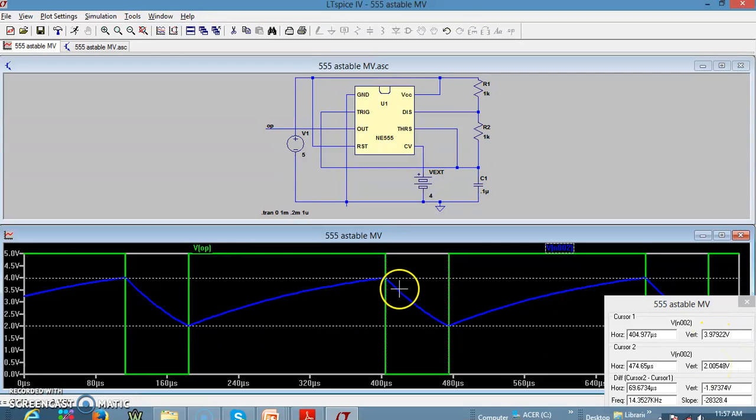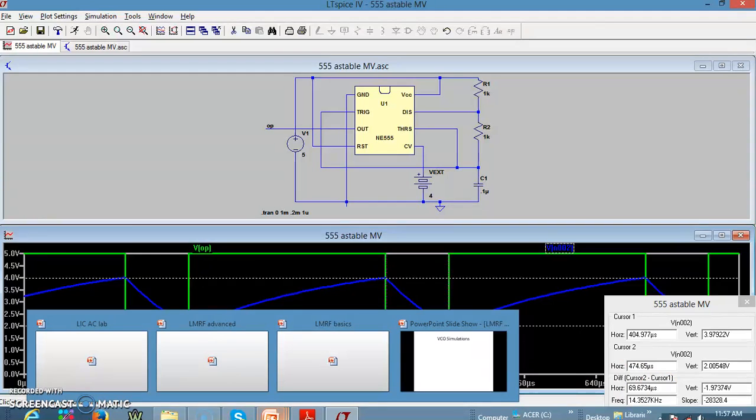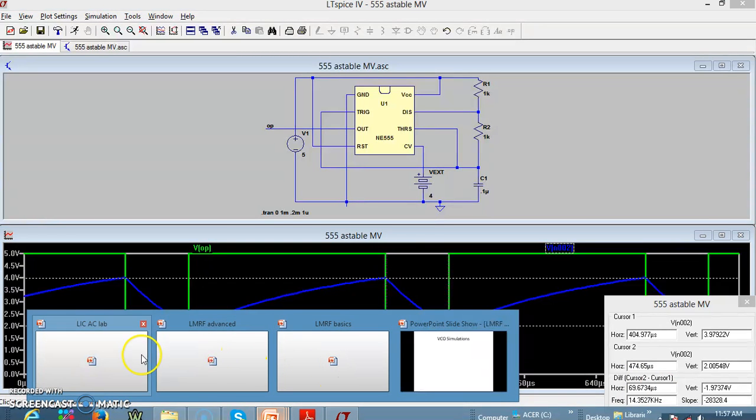So the capacitor will be charging up to VTH and VTL. VTH is now decided by this external voltage. You can also have a look at the time period here. We are trying to find the time difference between these two, which is the off time, now 69 microseconds. You can also verify that with the design.